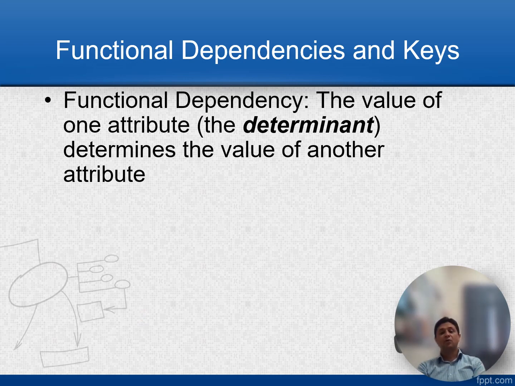So if there is no multi-valued attribute, and all other quality checks are met, it would mean that the structure is already in the first normal form.